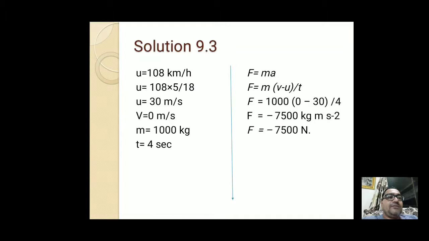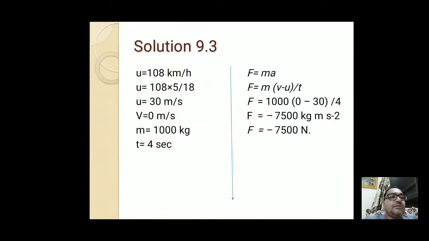Now the second step: F is equal to m into a, but the value of a is not given, so instead of a we write (v minus u) upon t. Now we put all the values in this equation. F is equal to, mass is 1000 kg, in bracket v's value is 0 minus initial velocity 30, bracket over, divided by the time. Time is 4 seconds.